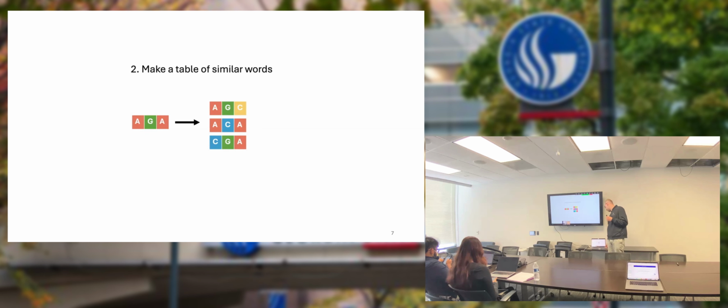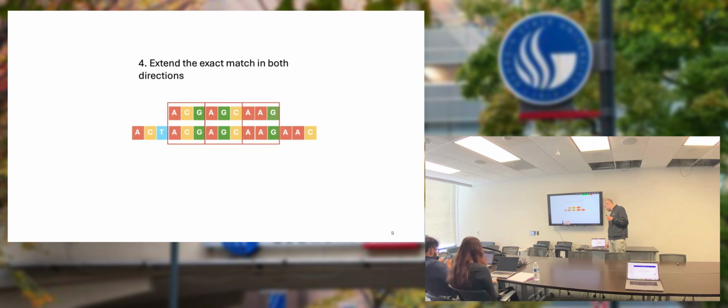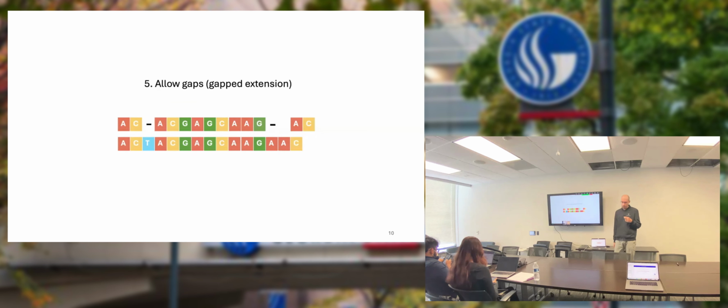And so then you take this table and you find exact match between the table word and the subject sequence. And then you extend the match in both directions, and then you allow gaps, like you make gap extension. And this is how we get high scoring pairs in BLAST.